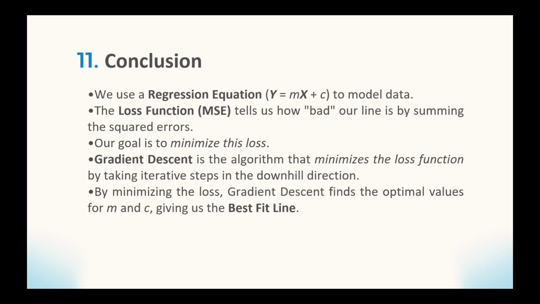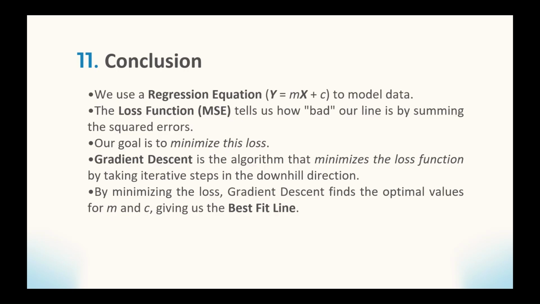So, to conclude, we use a regression equation y equals mx plus c to model the relationship in our data. We use a loss function like mean squared error to tell us how bad our line is by summing the squared errors.